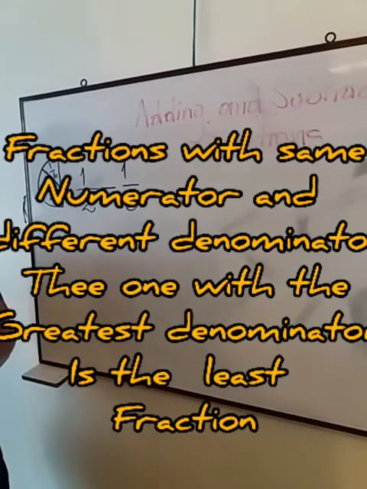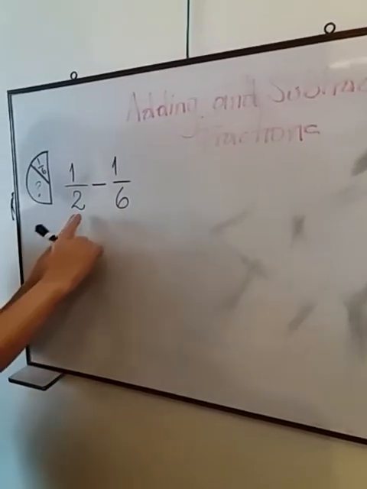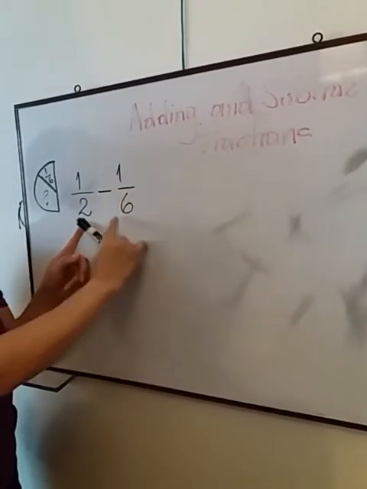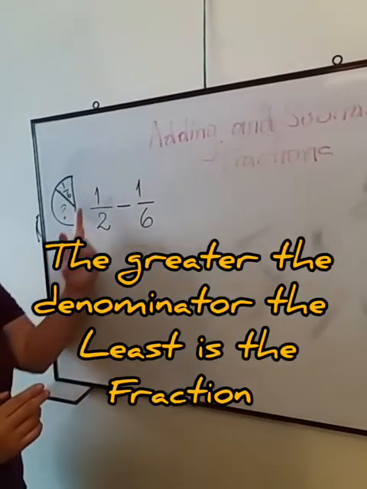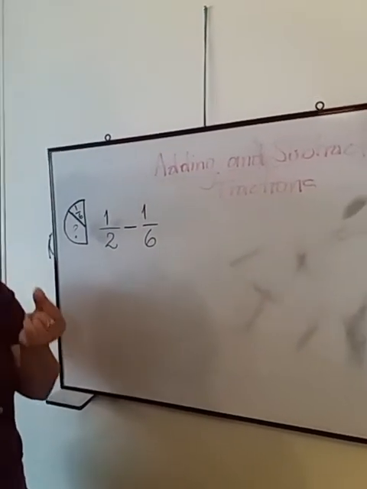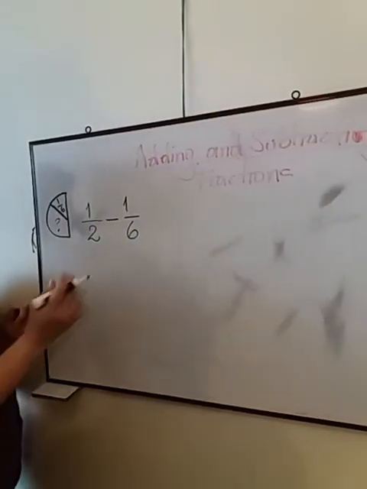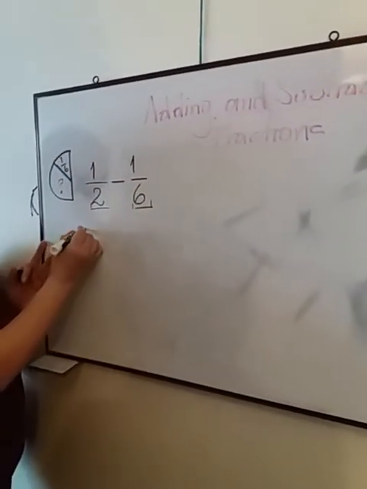First, how do I know that this fraction is greater than this one? Remember, the greater the denominator, the smaller the fraction is. Same numerator, that means that we are talking about one part of the unit. So in here, we have the 2 and the 6, different denominators.